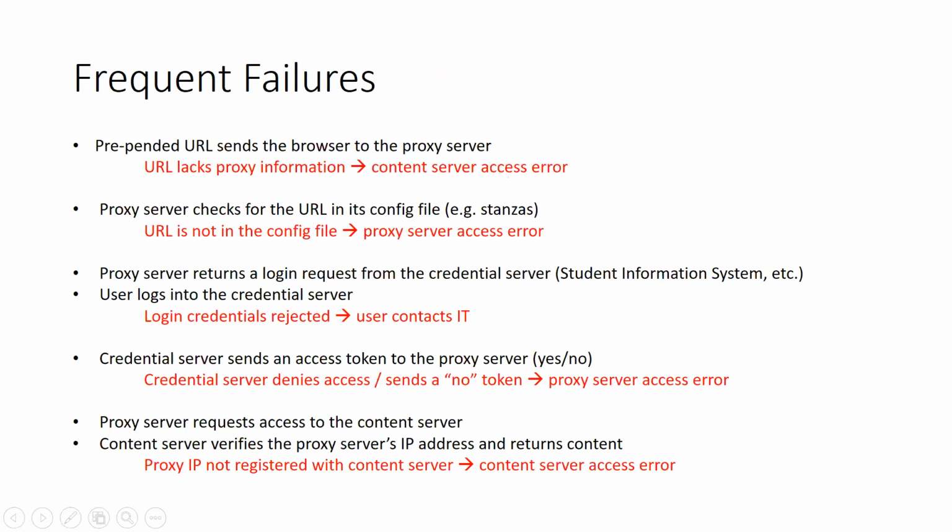So the easiest part to break, or at least to detect, is for some reason the URL for the content, when someone clicks on it from your discovery layer or where have you, doesn't have a prepend or any sort of proxy information that sends the user to the proxy server to make the request to the proxy server. So essentially you have a direct URL to the content server.